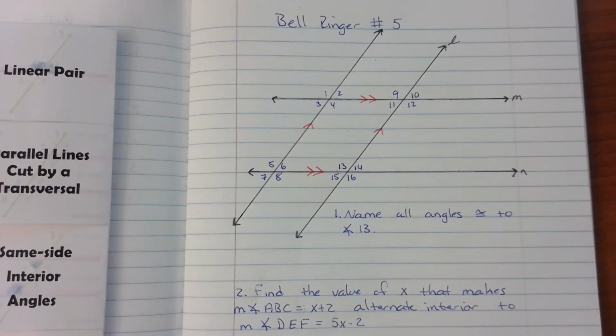There's only 13, 9, 1, and 5? That's it? You can't see anything else? You don't see anything else 13 is congruent to right here? Huh? 13 and 2? 13 and this guy? Why?